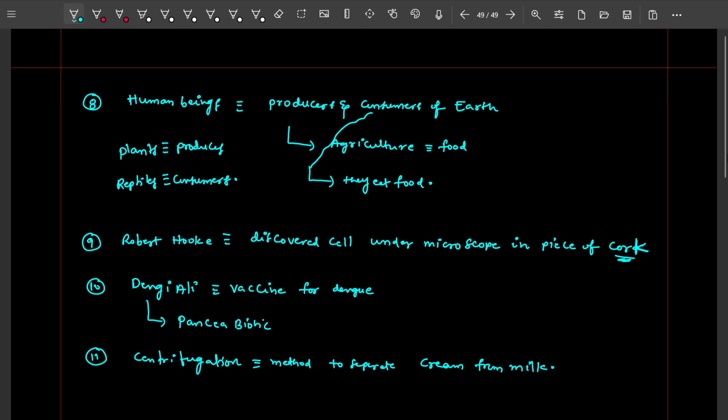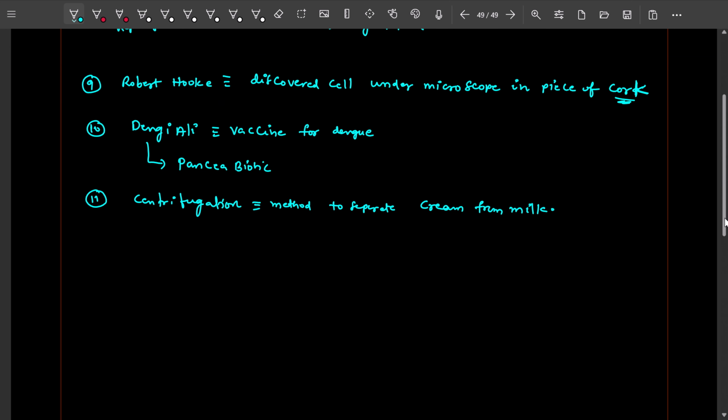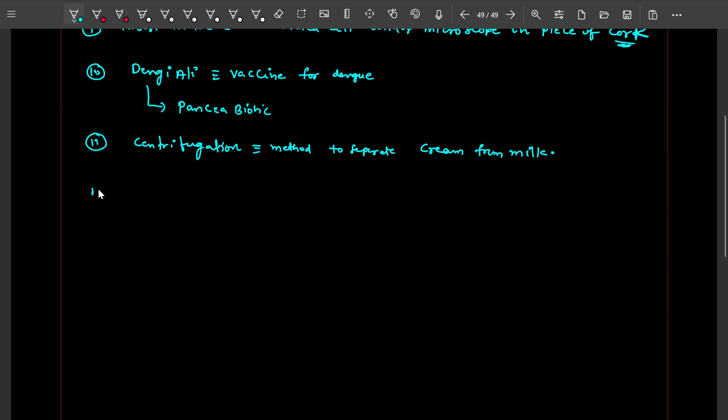Then the next thing we have to know is the 12th thing. This prokaryote is there, no? It has no true nucleus. What does prokaryote mean?